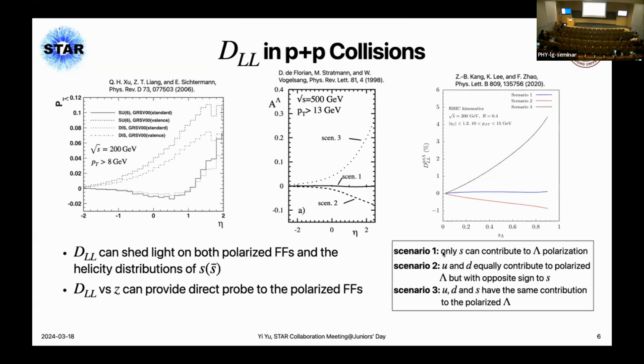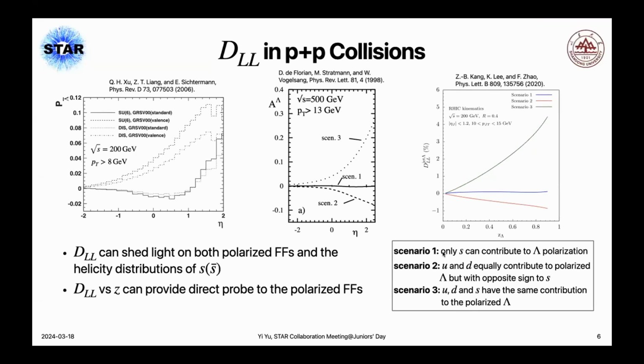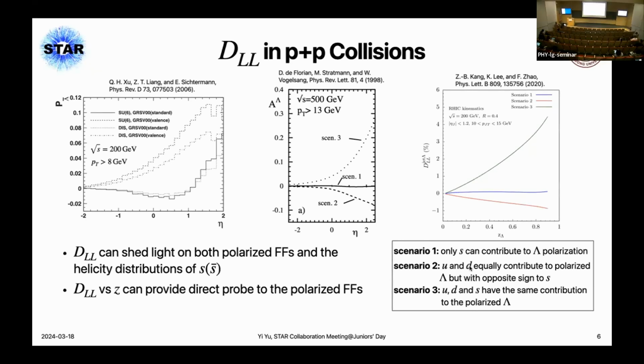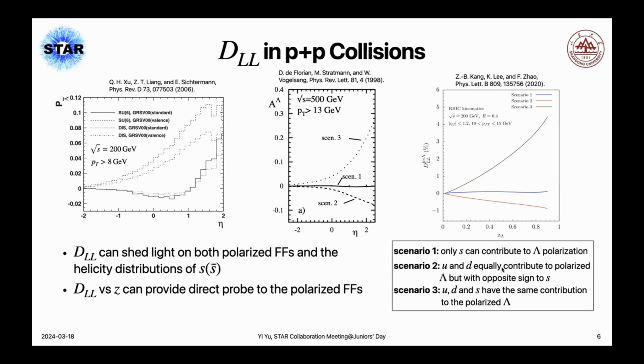For example, scenario 1 considers only the strange quark can contribute to the lambda polarization. And in scenario 2, the up and down quarks also contribute to the polarized lambda, but with opposite sign to the strange quark. And scenario 3 is an extreme case where the u, d, and s have the same contribution to the lambda polarization.